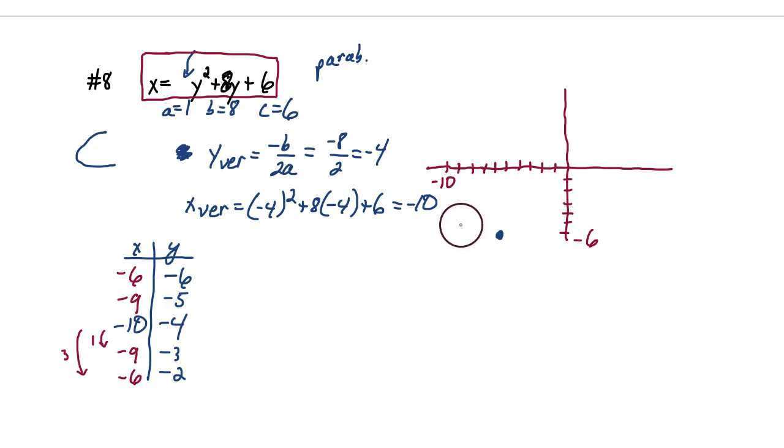Left 9, down 5. Left 10, down 4. Left 9, down 3. And left 6, down 2. Then graph in the parabola curve.